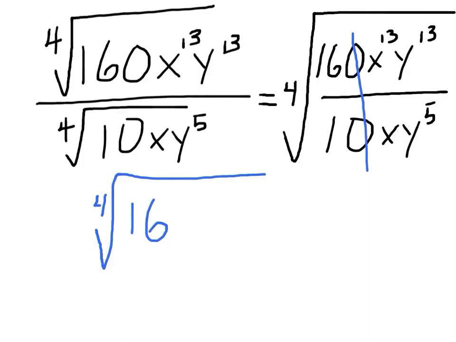Okay, and then it's pretty easy after that. All we have to do is subtract these powers, right? The exponents. So 13 minus the x to the 1 leaves us an x to the 12.